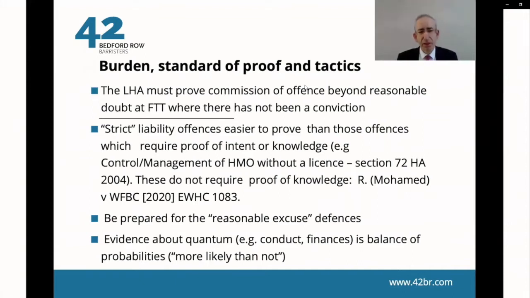There is a statutory defence that's available to some defendants, a reasonable excuse, but that is of very limited effect. And in most cases, ignorance will not amount to a reasonable excuse as a defence. When we get to the question of quantum, all that has to be proved is more likely than not on the balance of probabilities.